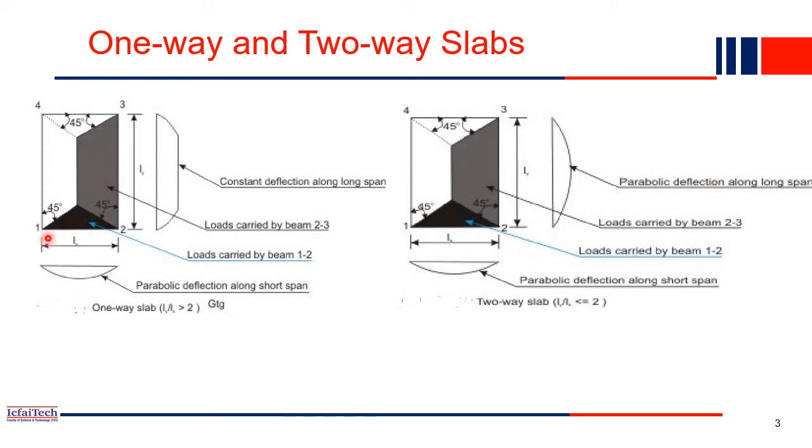So the deformation along the y-axis, how much will it be? It is somewhat constant. See the load here. The load is almost constant in this beam, isn't it? If you neglect this small portion, otherwise this entire beam will have a constant load.